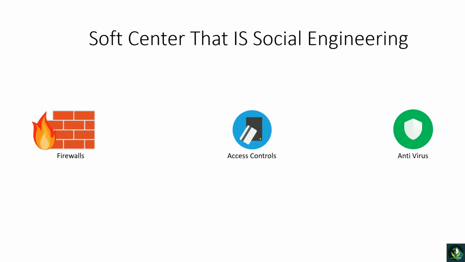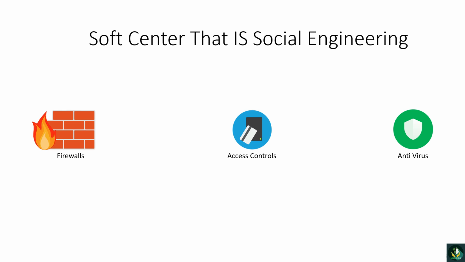People have a huge amount of power. What we are really going to look at is how vulnerable humans can be exploited to circumvent the hard security controls that you see on this slide.